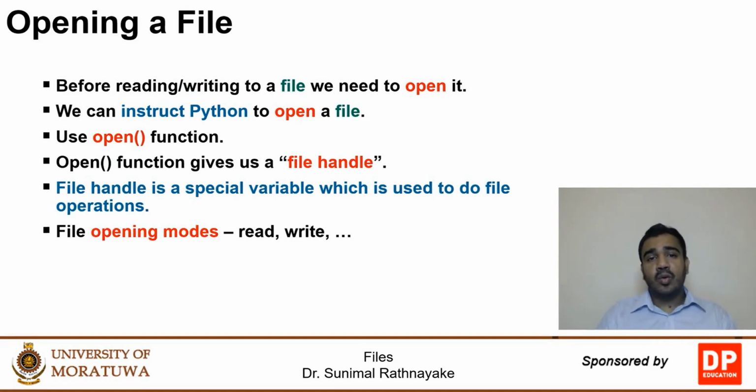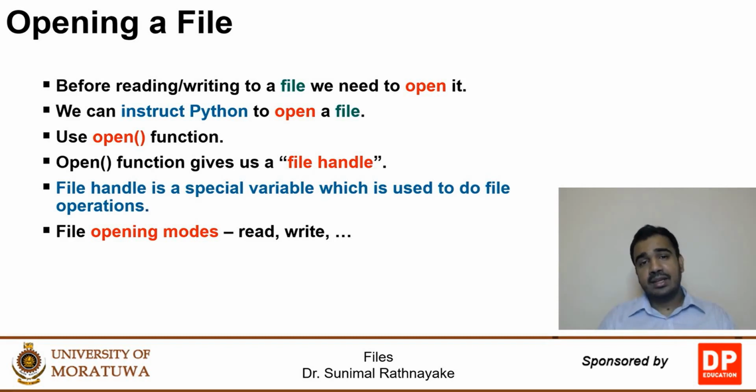Before reading or writing to a file, we need to open the required file. To facilitate opening files, Python provides us with a function named open. Open function opens the required file and provides us with a special pointer called a file handle.